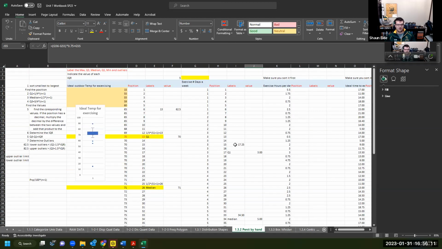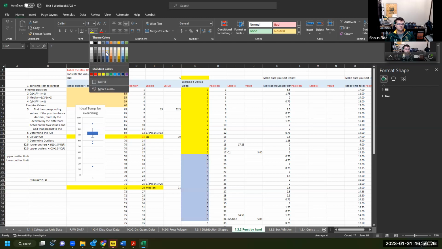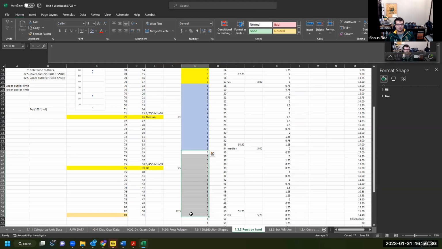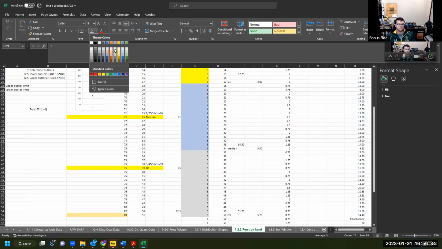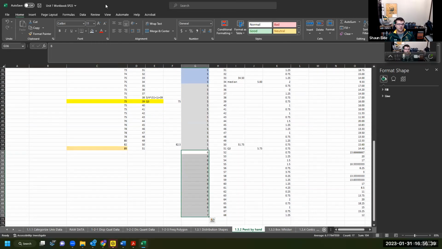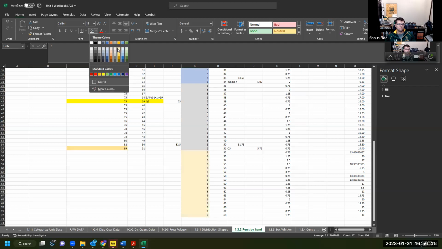So let's back up just a little bit. I'm going to highlight all of these quartiles. We've got this quartile, and then we've got this quartile, and then we've got the next quartile, and then we've got the last quartile.